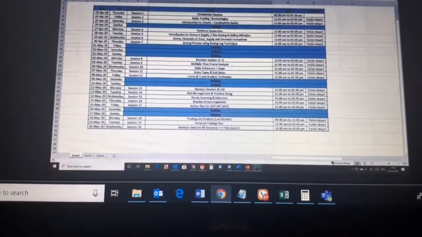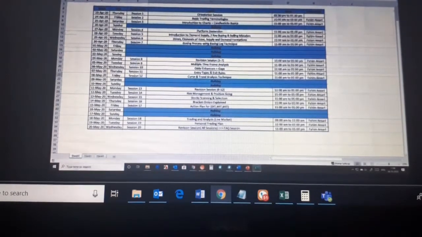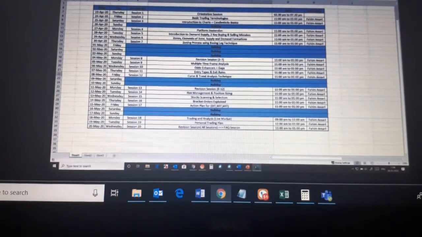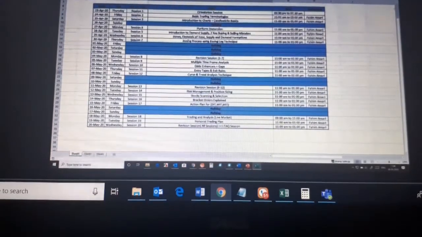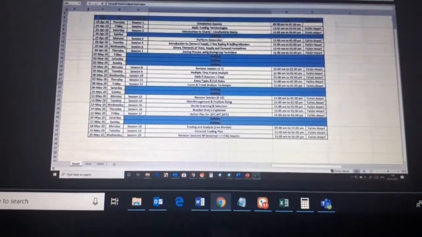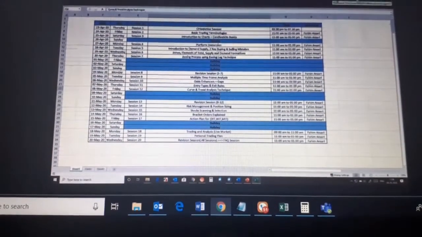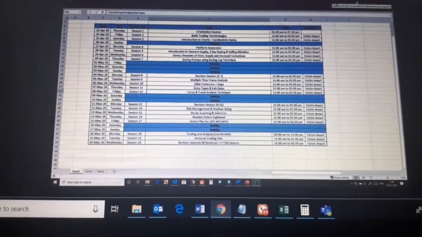Don't worry, today we will join the jigsaw puzzles, what we have been doing till now. Today we are going to bring the pieces of the jigsaw puzzle together.